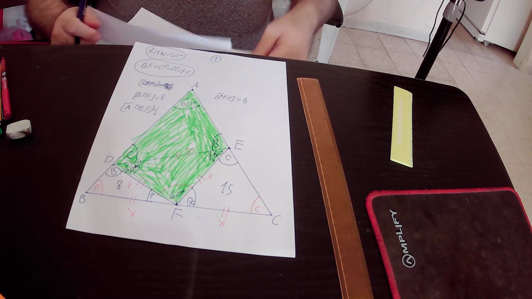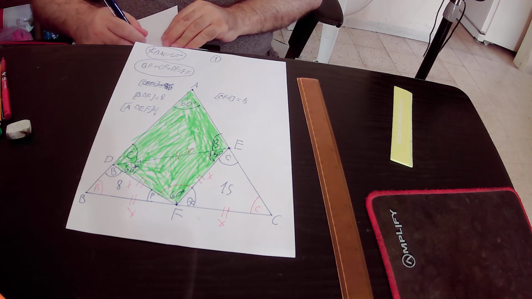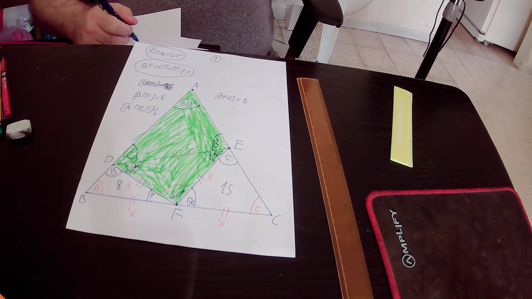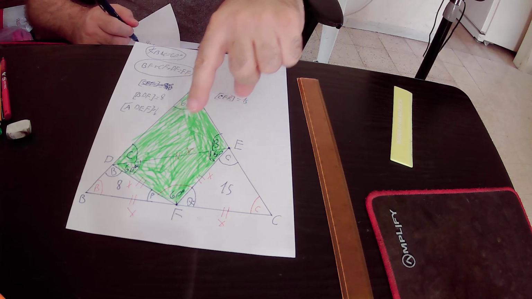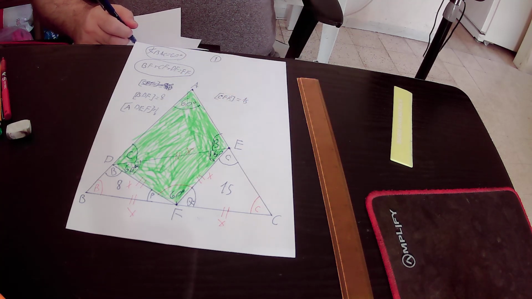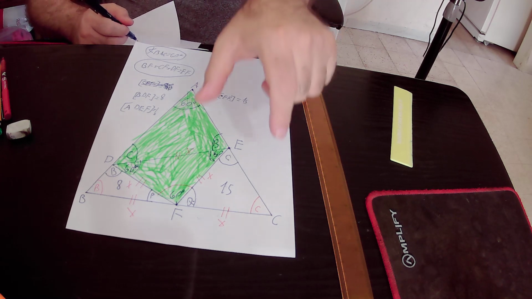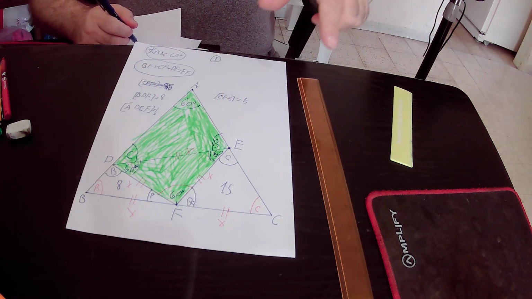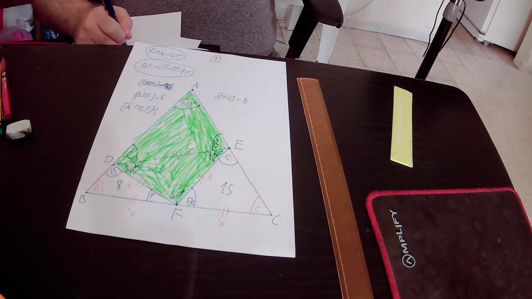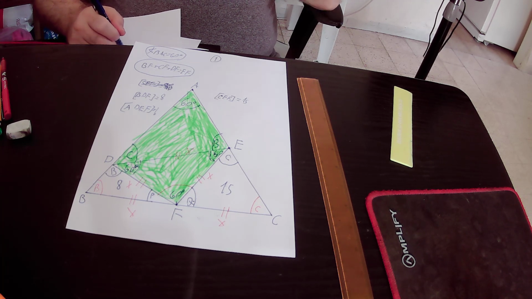Okay, so 15 over 8 equals, what is the size of EF? EF equals x, and CF also equals x. So EF times CF is x squared times sine Q over 2, all divided by DF times BF.